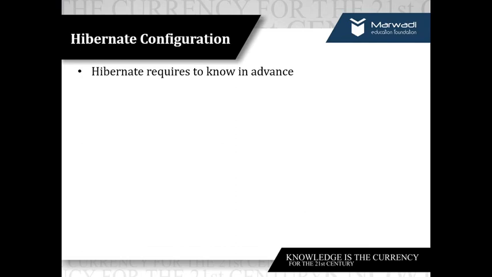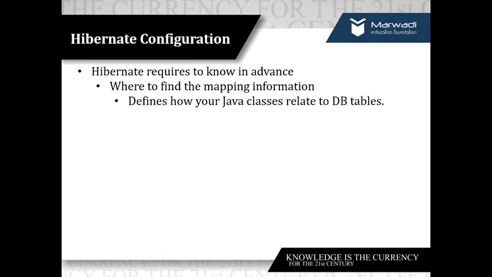So Hibernate requires to know in advance where to find the mapping information. And why is this mapping information required? Basically to define how the Java classes are related to the database tables, or how the Java classes are mapped onto the database tables.